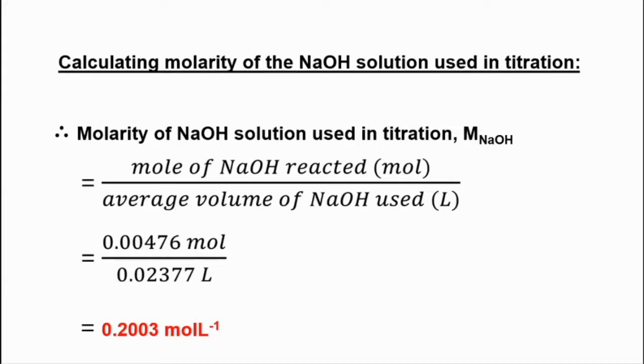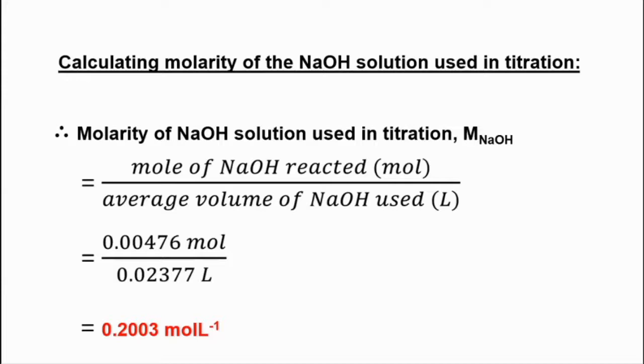But remember, this is based on the readings that I obtained from this experiment. So you need to use your own data. Your molarity of the sodium hydroxide solution might slightly differ from what I got here.